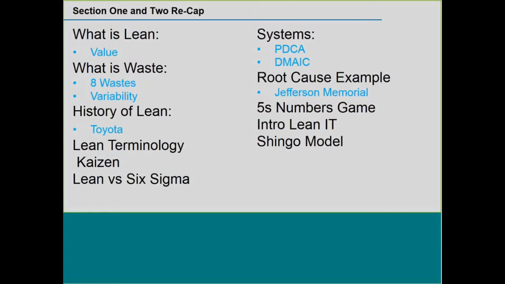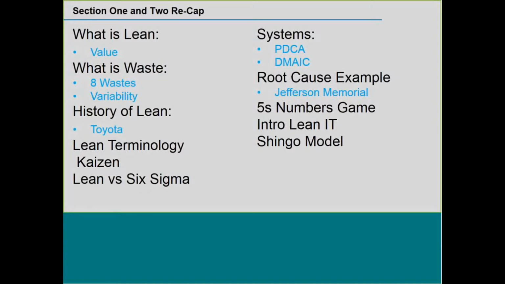We saw an example of how we can get down to the root cause of any particular problem. And we dove into the 5S numbers game, where we learned how a 5S area can help us improve our workspace by reducing waste through a clean work environment.